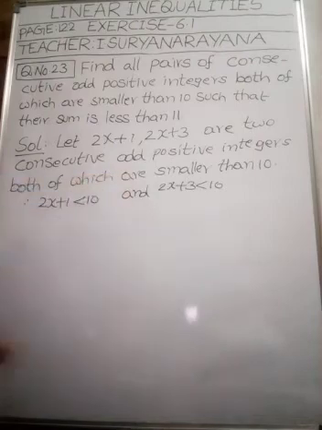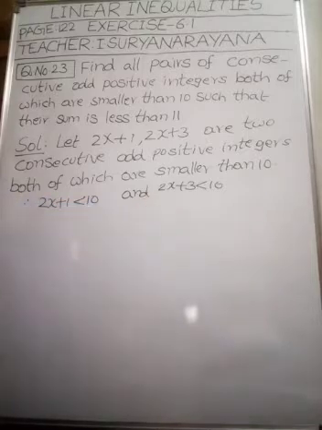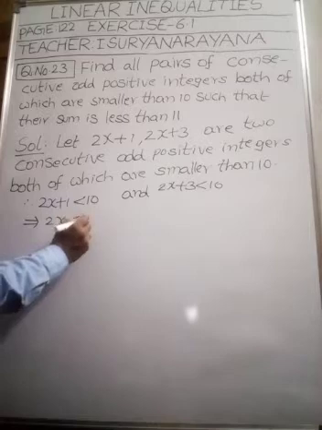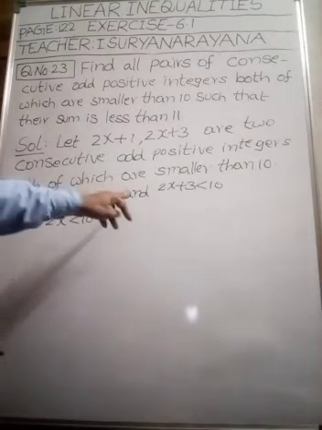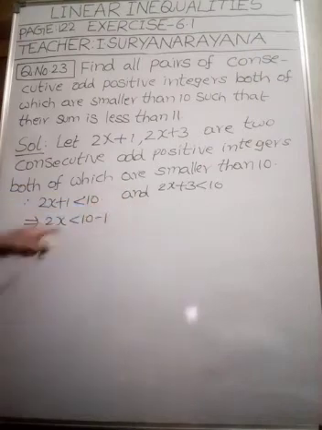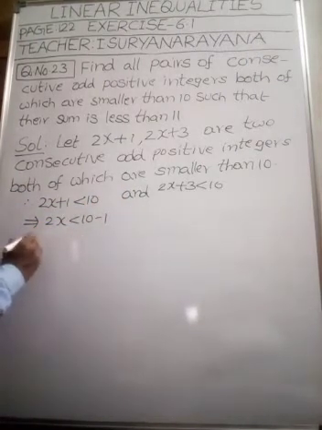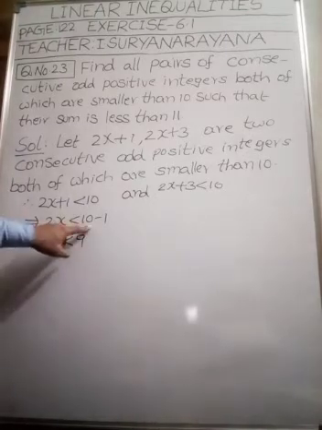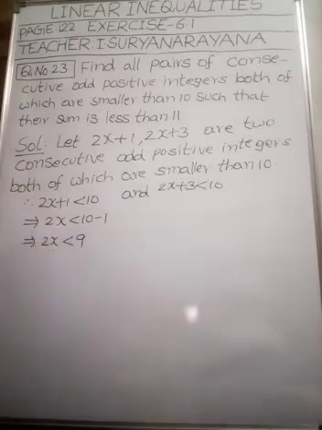You got two inequalities. Let us solve this inequality as well as this inequality. This implies 2x is less than 10 minus 1. We are transposing plus 1 to the RHS, then it becomes minus 1. Understood this step, my children? Right. This implies 2x is less than 9, since 10 minus 1 is 9.